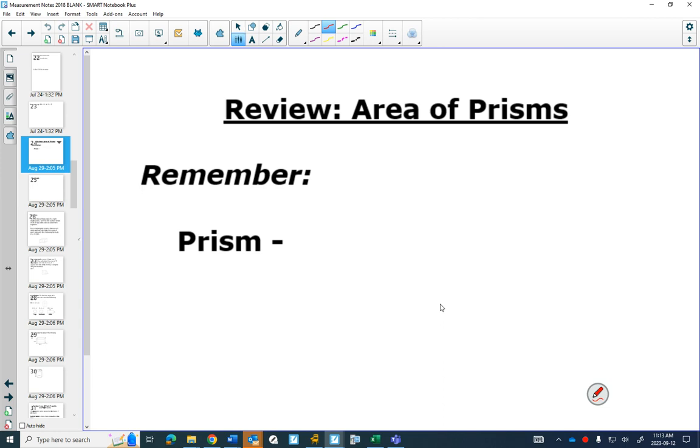So if you have a rectangle on the bottom, and this is going to be a little bit of an art skills class too. Can you draw things in 3 dimensions? Okay, so how do you draw things in 3 dimensions?